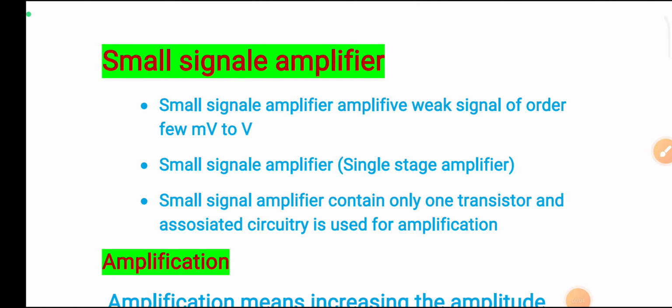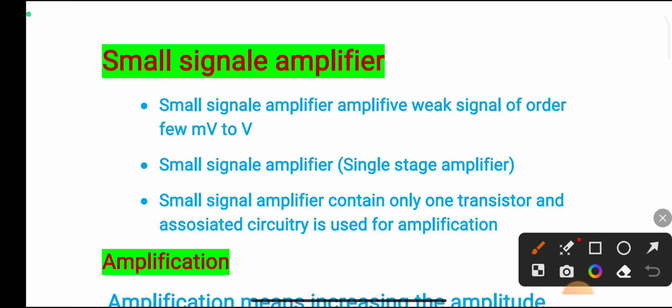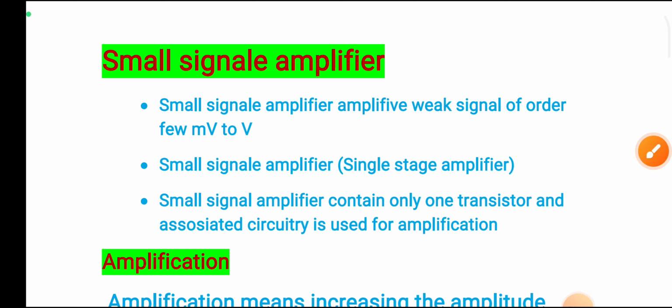Today we are discussing the small signal amplifier. A small signal amplifier contains only one transistor in the circuit. This amplifier amplifies weak signals of the order of a few millivolts.